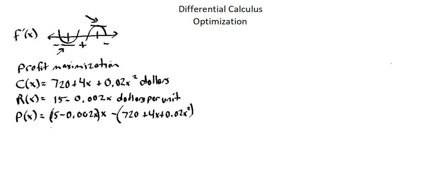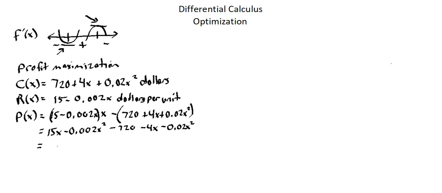Now I will expand the first half of this function to 15x minus 0.002x to the power of 2, and distribute the negative 1 to the second half of the function, minus 720 minus 4x minus 0.02x squared.